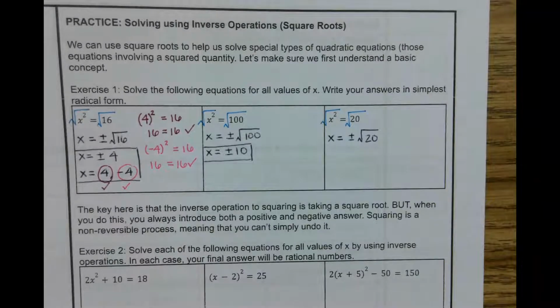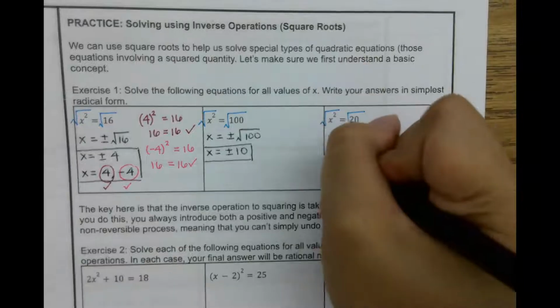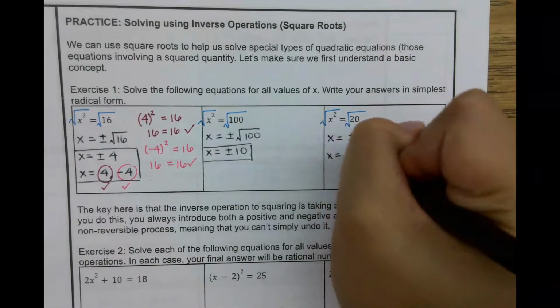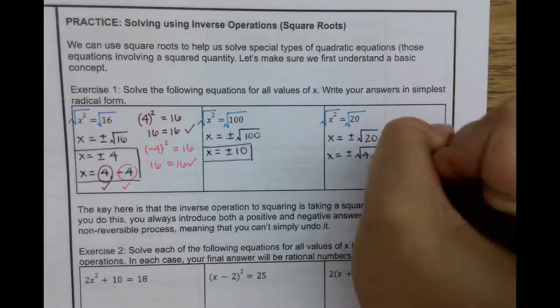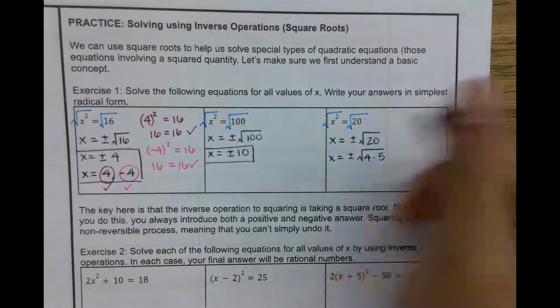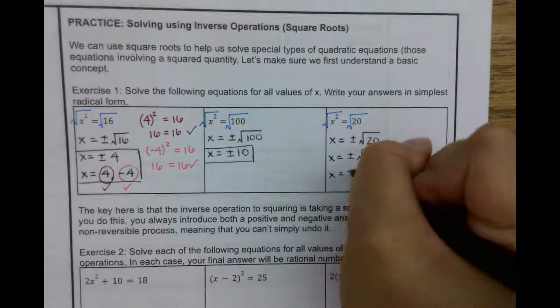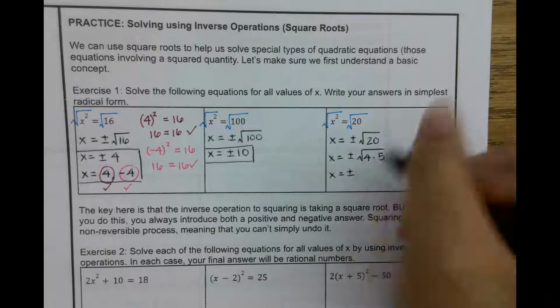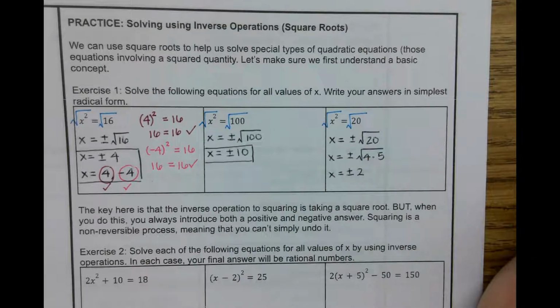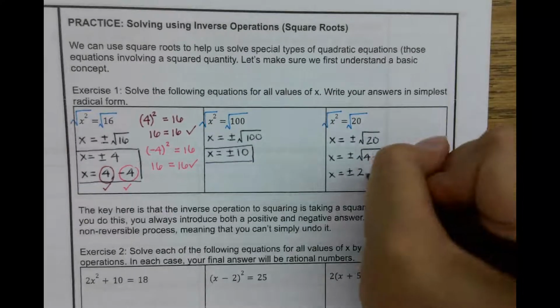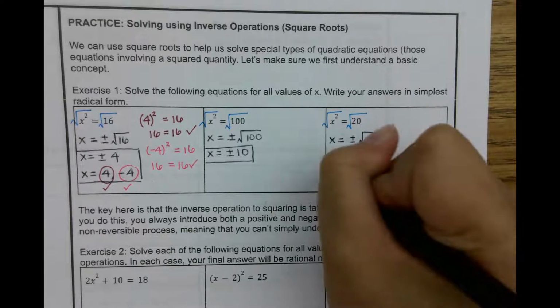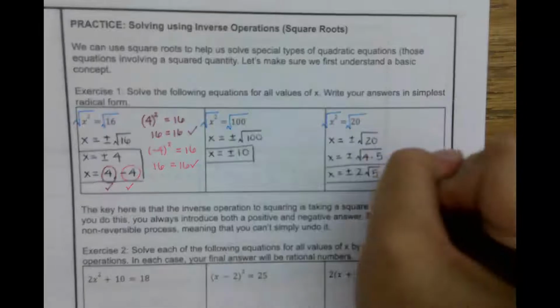Remember, the perfect square in 20 is 4, right? 20 is 4 times 5. The square root of 4 is 2. 5 doesn't have a perfect square in it anymore other than 1, and so this is my final answer.